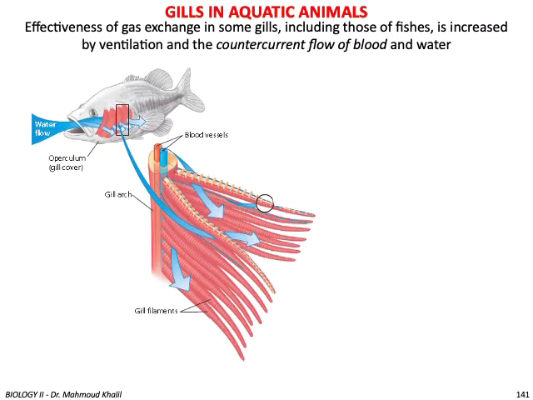Looking deeper into the gills in aquatic animals, the effectiveness of gas exchange in some gills, including those of fish, is increased by ventilation and countercurrent flow of blood and water. That means the blood and the water move in opposite directions.